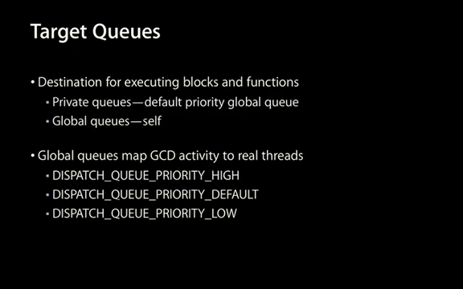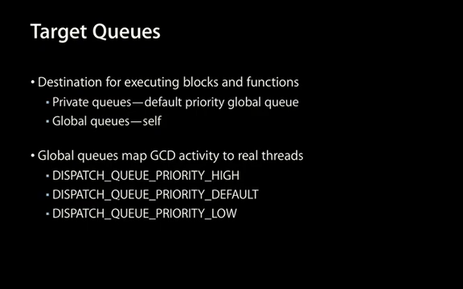But multiple queues can run concurrently with respect to each other, and that's because they, by default, target the global queue, which is concurrent. And then the global queues themselves, you can think of them as targeting themselves. But we also have a few other global queues. We have a high priority one and a low priority one, in addition to the default queue.